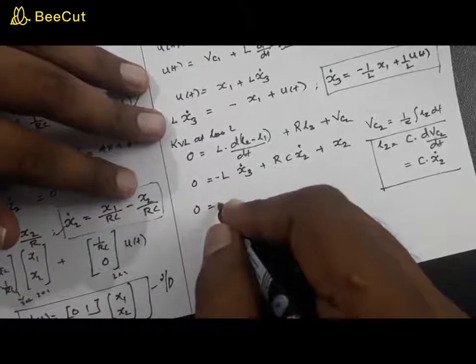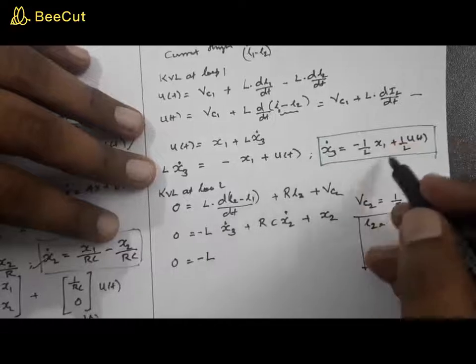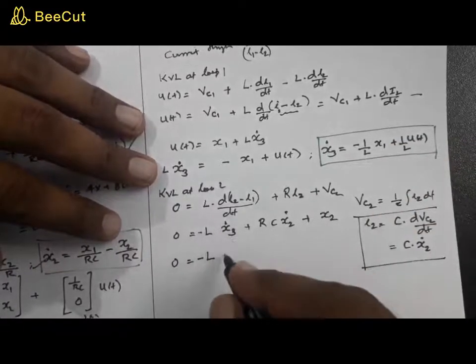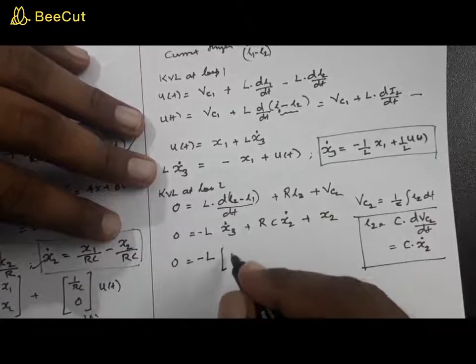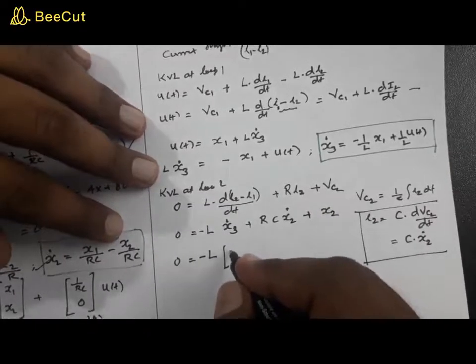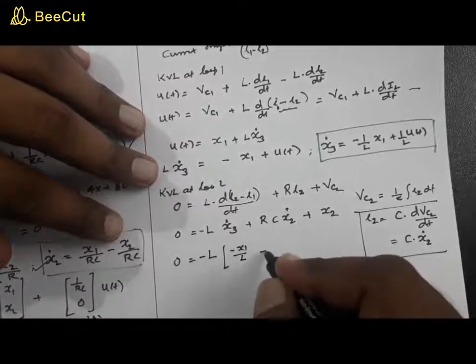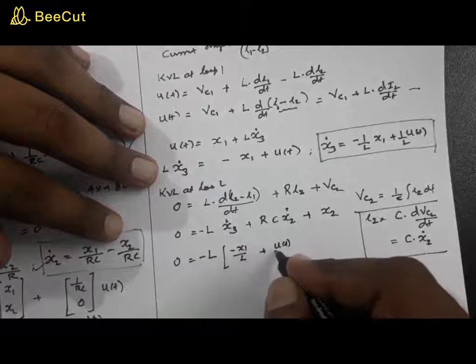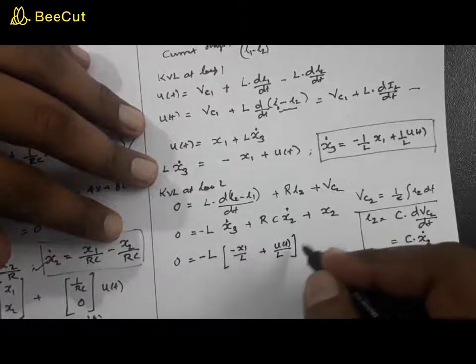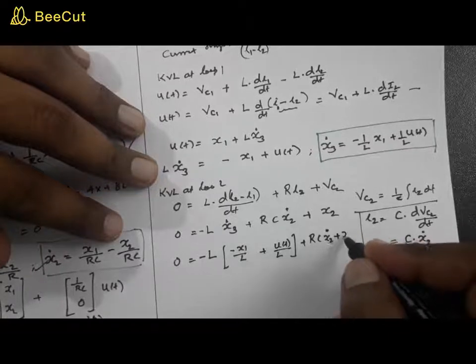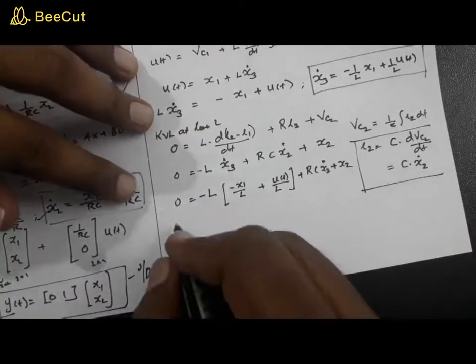Look at this: 0 is equal to minus L into X3 dot. We have already found X3 dot in terms of this, so this will be minus X1 by L plus u of t by L, plus RC X2 dot plus X2. So what is your X2 dot?